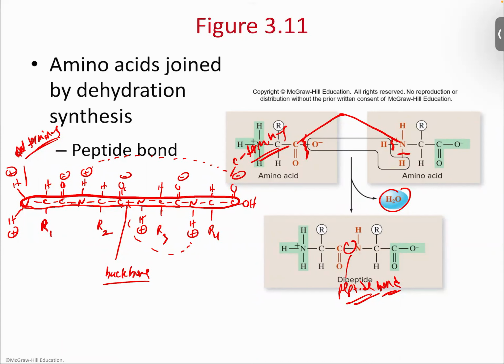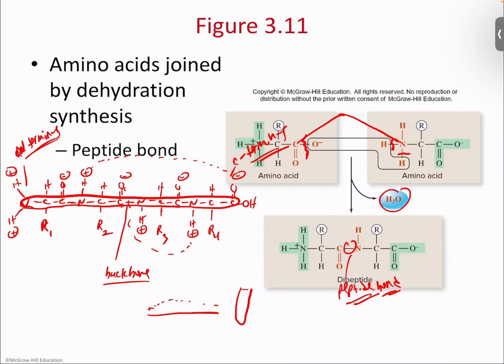When you do that, you distort the backbone. So if you had a backbone where you had a positive hydrogen over here and a negative oxygen over here, those two will want to come together to form a hydrogen bond. So you're going to fold the backbone to create that hydrogen bond between the two of them. What you've done is distorted the backbone, you folded it up.